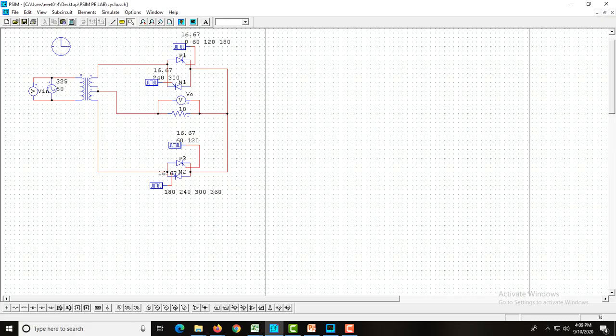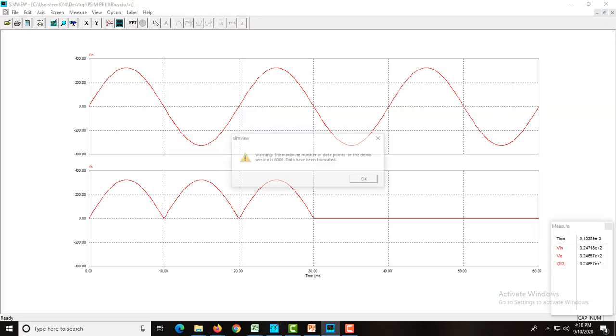So either we can run it for different cycles. The output voltage is only the positive half cycle that we are getting.